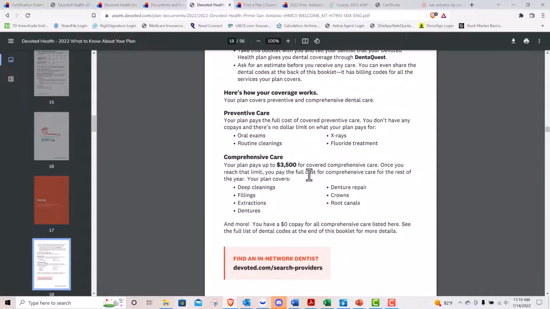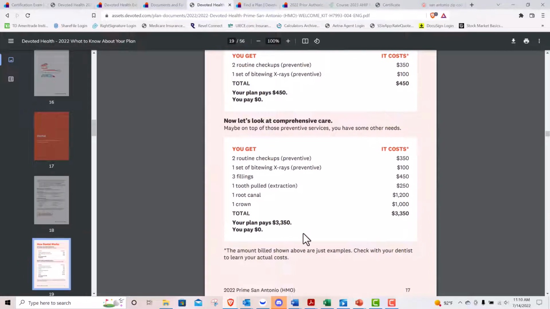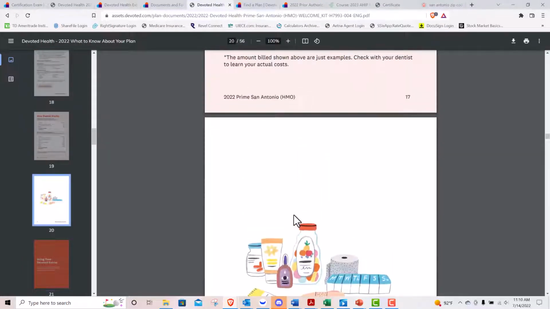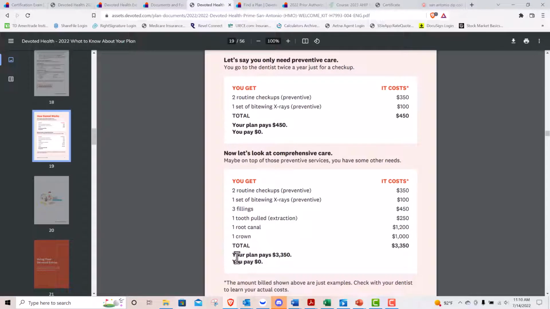I thought she said they'd give us the dental codes that are required, but I guess they don't. Wow, so it looks like if the dental works this way in other counties, there's no copay.